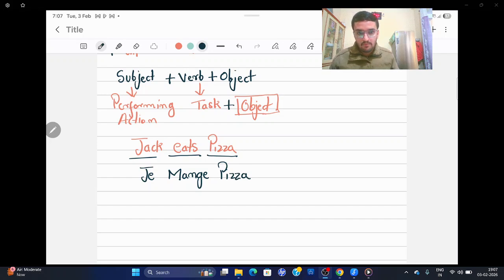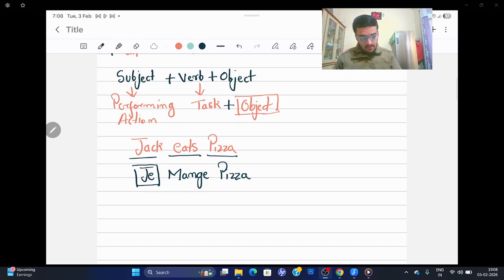So this je is the pronoun, or in Hindi, we say sarvanam. This is an alternative word for addressing any place, person, or thing, which is performing the role of a subject in our entire sentence. Je means myself.